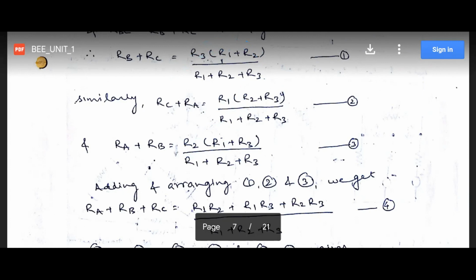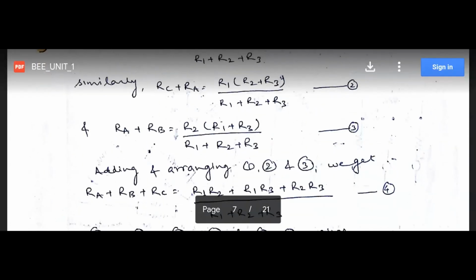So in the LHS, we will have 2 times RA plus RB plus RC, and in RHS we will have 2 R1 R2 plus 2 R1 R3 plus 2 R2 R3, and this 2 gets cancelled, so the denominator will remain the same.